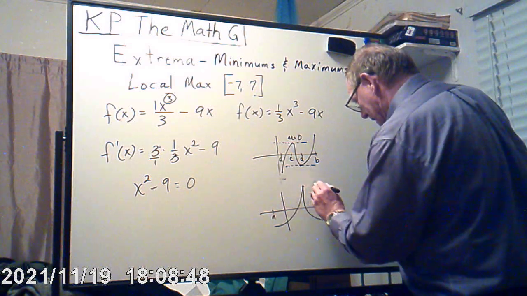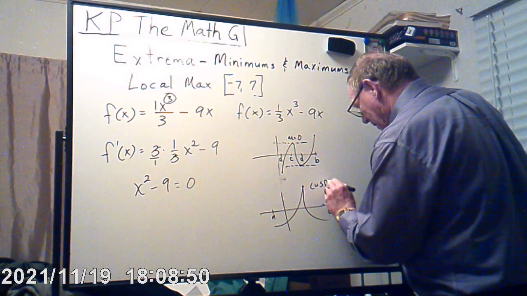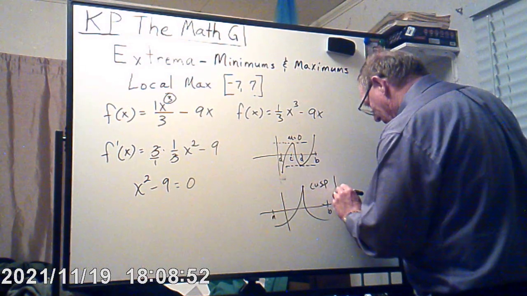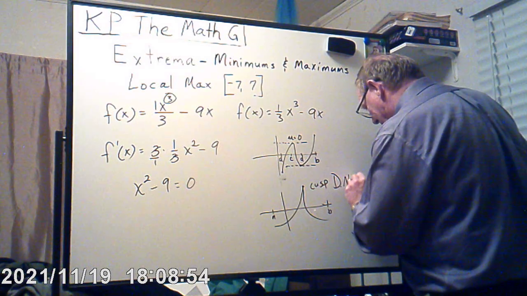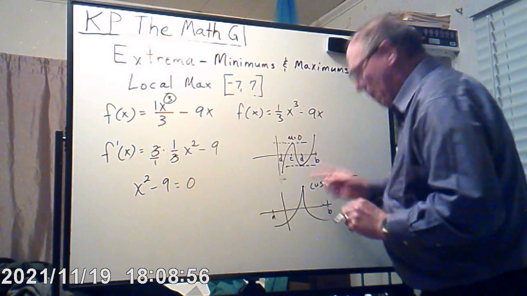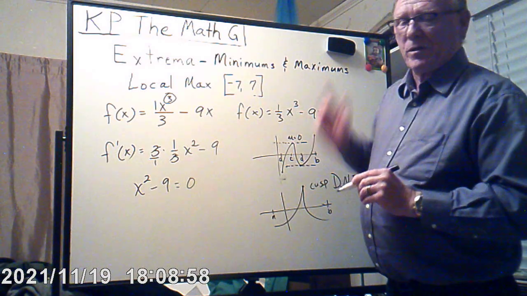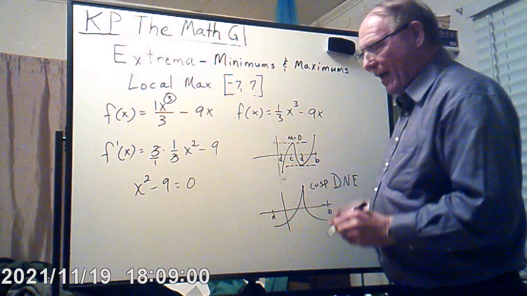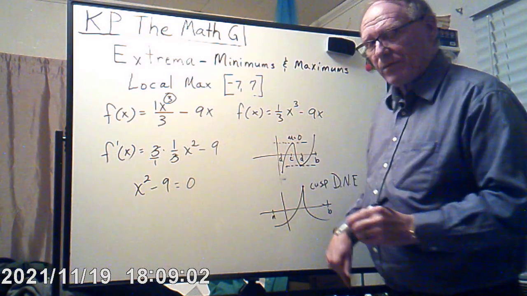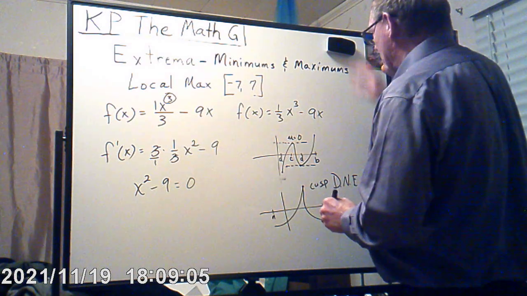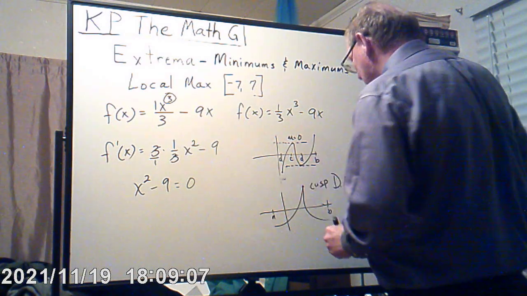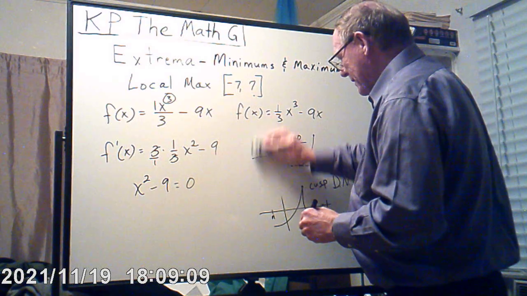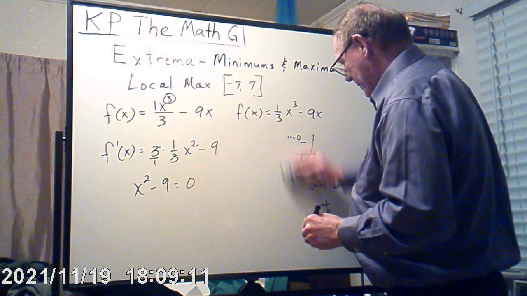That's called a cusp. Sometimes even if the derivative does not exist, you still may have a max, or even if it's turned upside down, you still may have a min. So, alright, you have to kind of keep that in mind also.